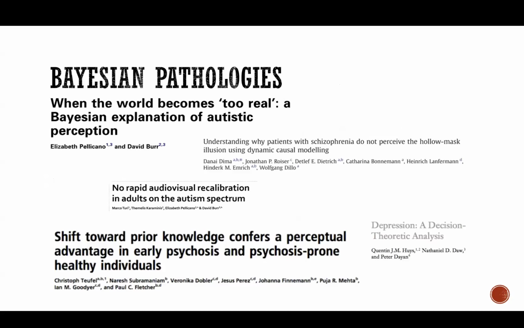When this goes wrong, the theory is trying to argue, we might have, if we want to be hardcore, certain neuropsychiatric conditions. If we want to be a bit more pragmatic, we can explain in that way some aspects of certain neuropsychiatric conditions.